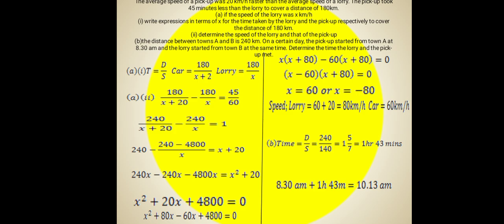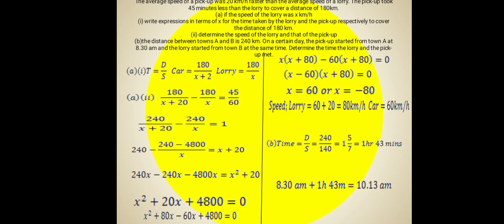Now, part A2, we have been asked to determine the speed of the lorry and that of the pickup. Now we know the two vehicles, the time between them for the same distance is 45 over 60. So we equate the time. We got the time for the car was 180 all over x plus 20, and the lorry was 180 over x, should be equal to 45 minutes or 45 over 60 hours.